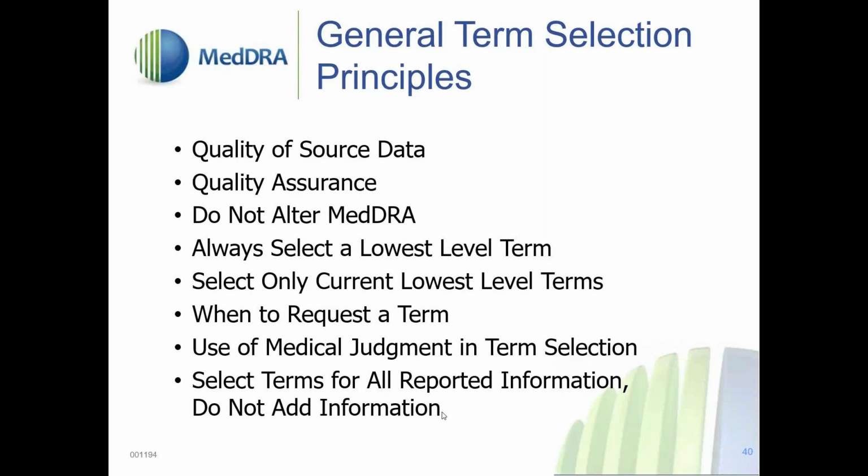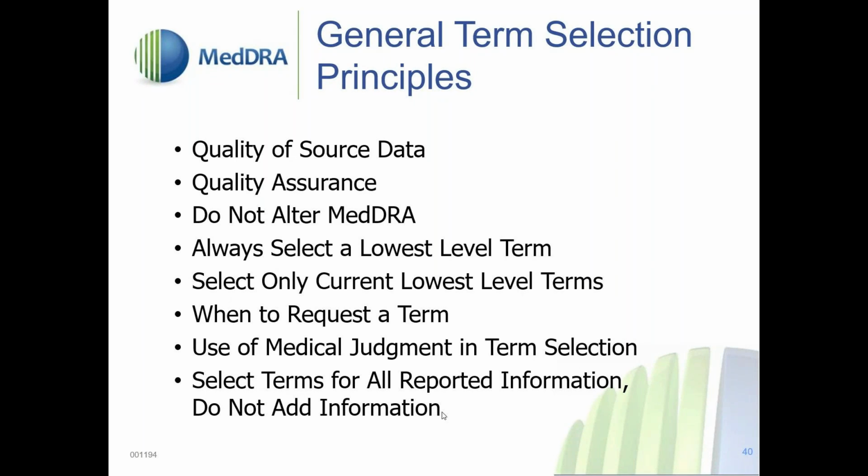Now let's look into some general coding principles that are addressed in the points to consider document. So quality of source data, how to perform quality assurance and why, do not alter MedDRA. We mentioned this already before. Always select a lowest level term, select only current lowest level terms.